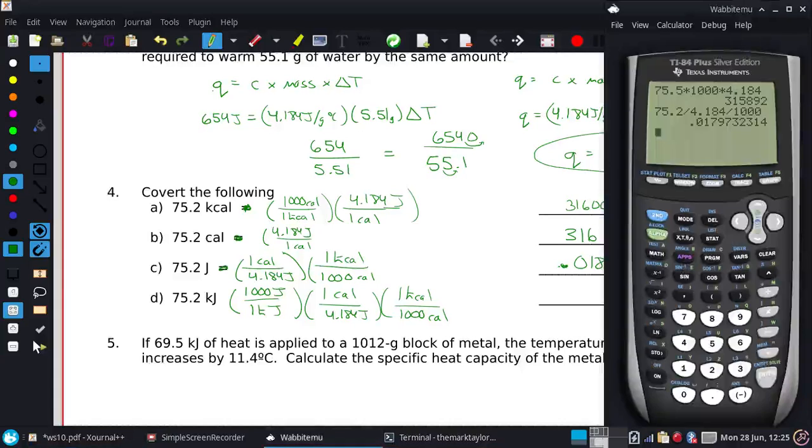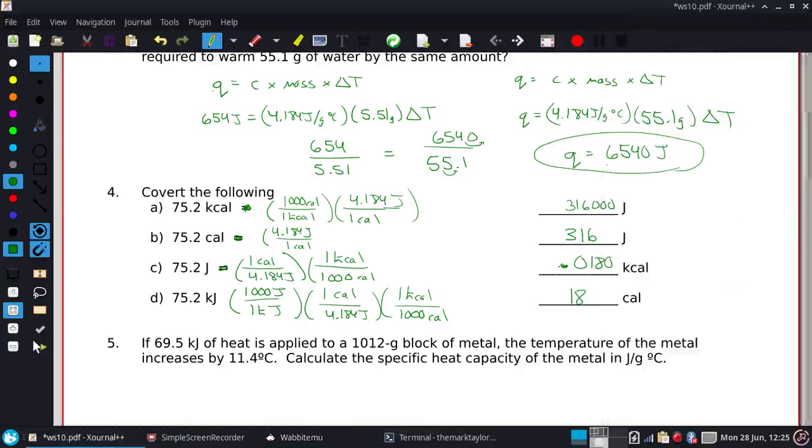I actually could just take the 75.2 and divide it by 4.184. And we get the exact same number as before, but the decimal's over 3 places. So 18.0 kcals. Or calories, sorry.